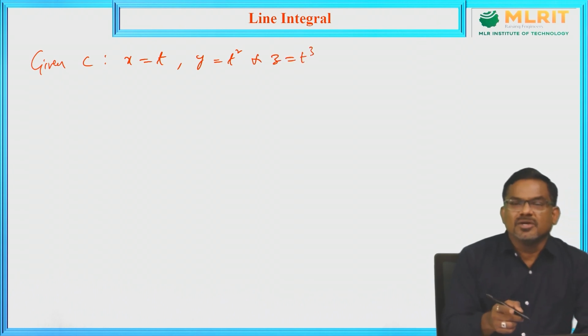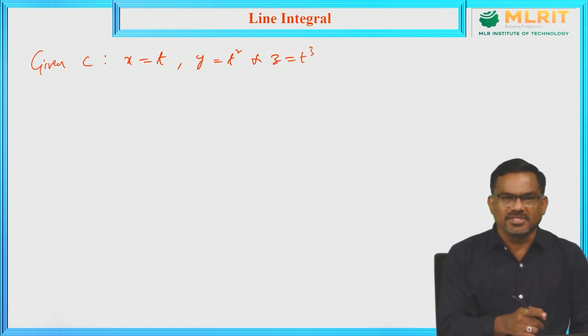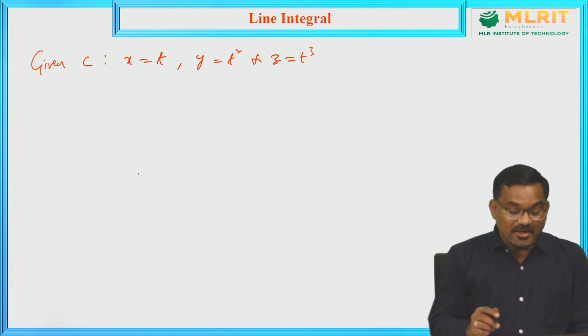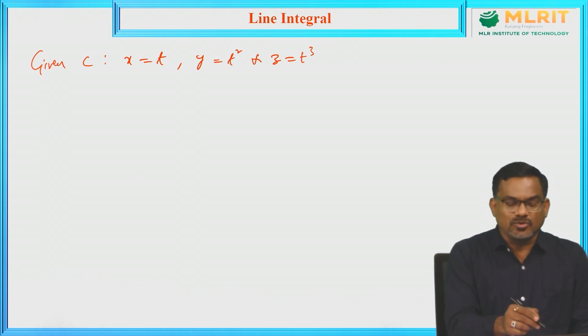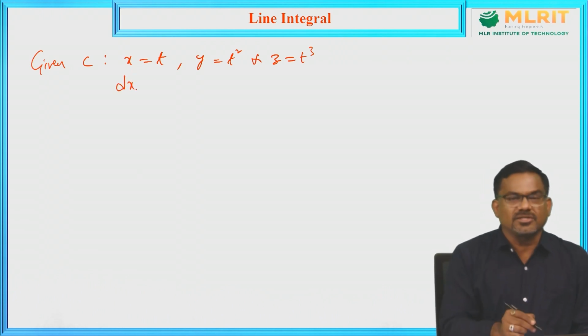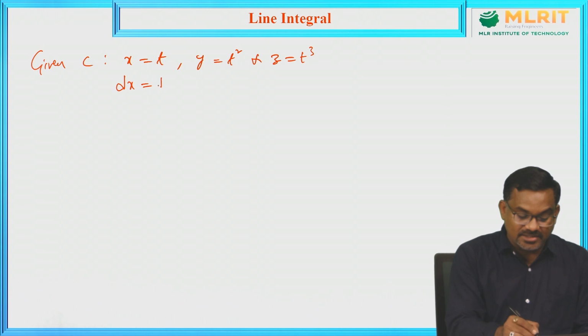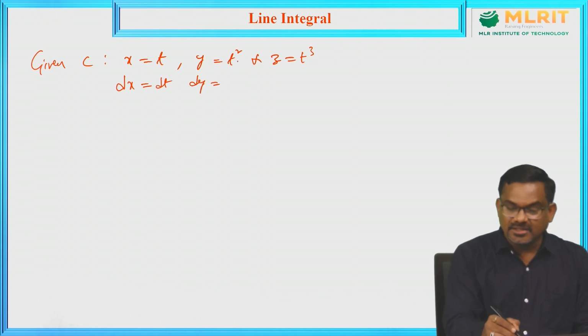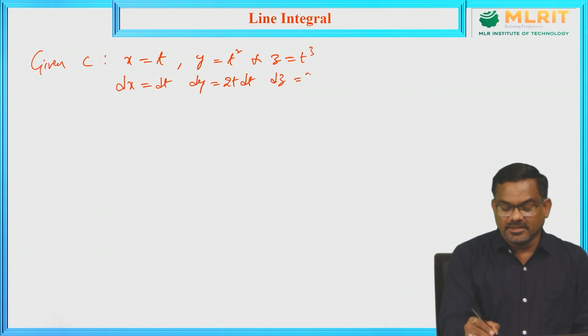That means we can transform these three variables x, y, z into t. If we transform x to t, we need to transform dx also. So, let us differentiate. dx is dt, dy is the derivative of t square, 2t dt, and dz is 3t square dt.